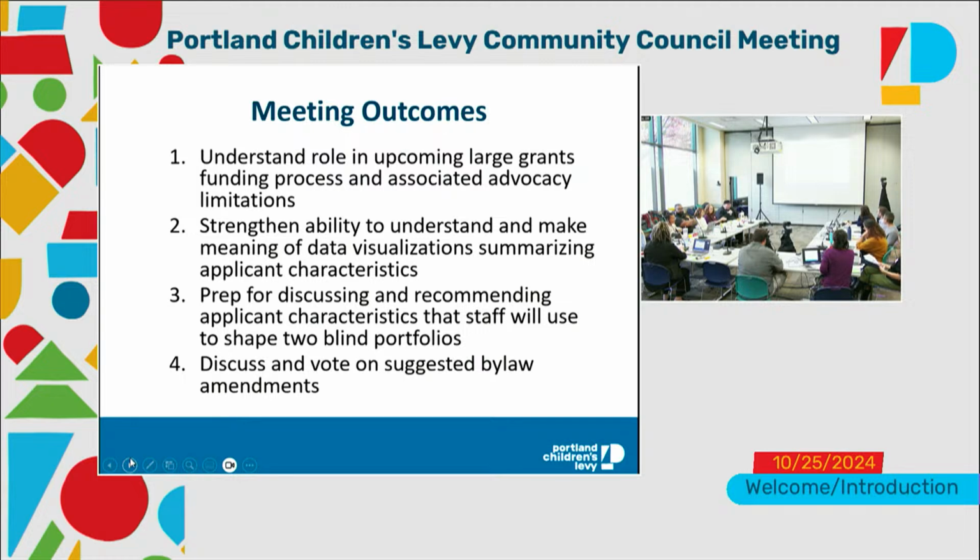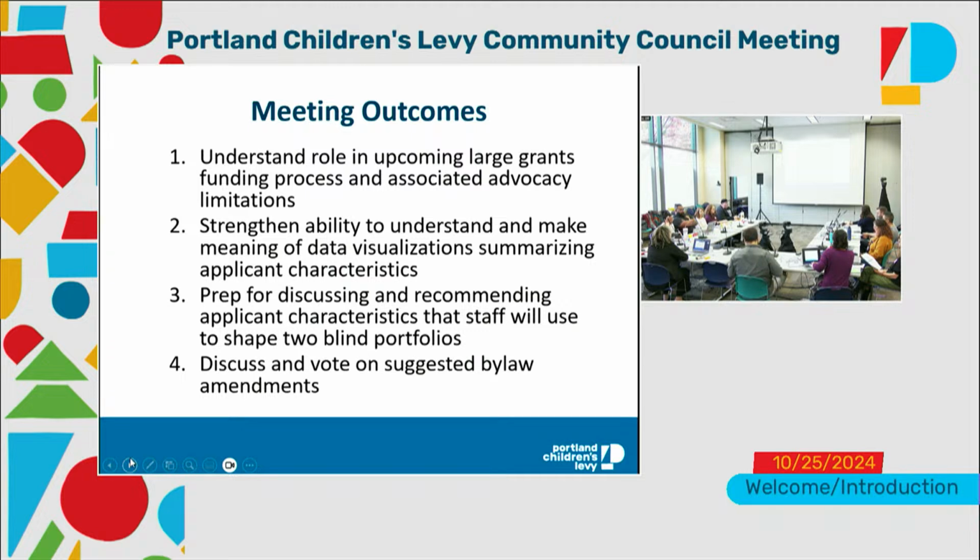We want to strengthen your ability to understand and make meaning of the data visualizations that you will be encountering, which will be summarizing applicant characteristics. We want to prepare you for discussing and recommending applicant characteristics that staff are going to use to shape 2 anonymous portfolios next year. And then at the end of the meeting, we're going to discuss and vote on suggested bylaw amendments.